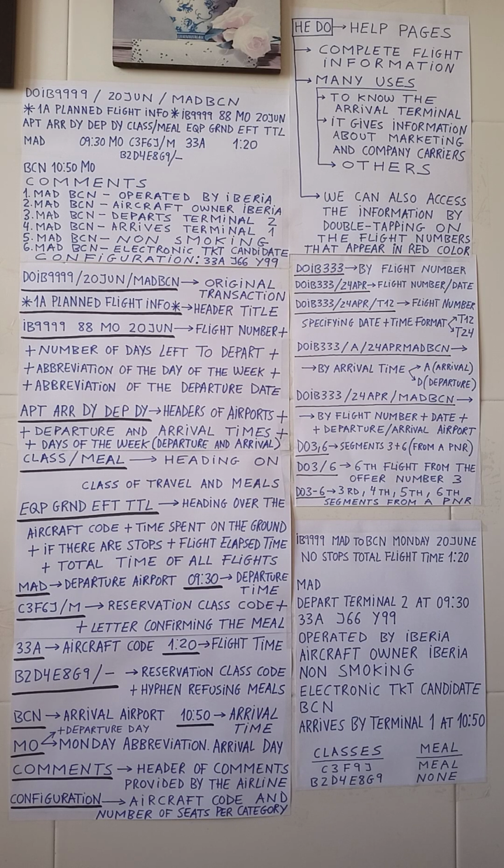I am not going to explain this folio because it contains the same information that I already explained in the transactional mode. I think it's better for you to see the differences between this folio and this folio.